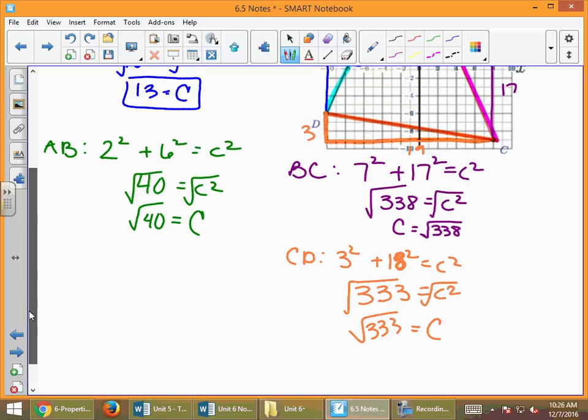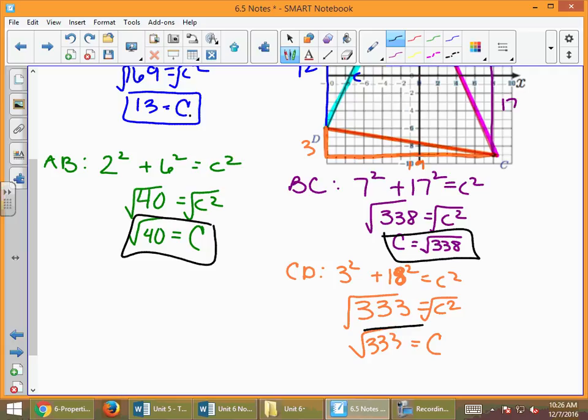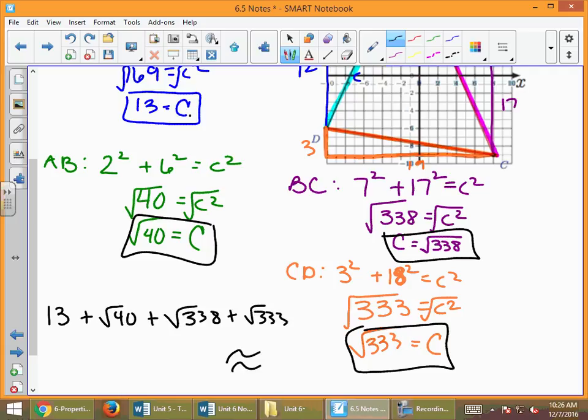So again, to find the perimeter, you take the distance of all the sides and you add them. 13 plus radical 40 plus radical 338 plus radical 333. Plug it in your calculator.